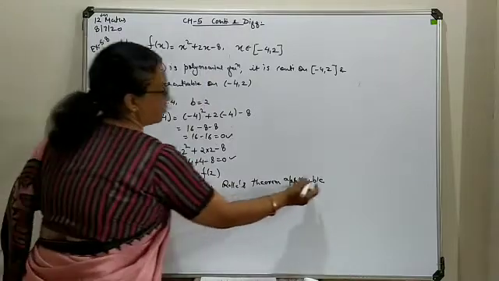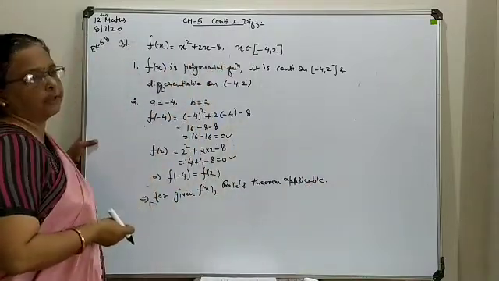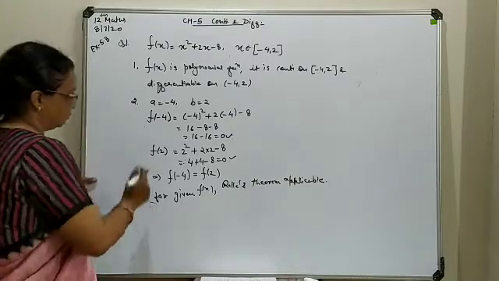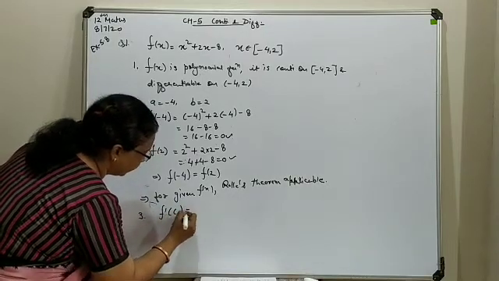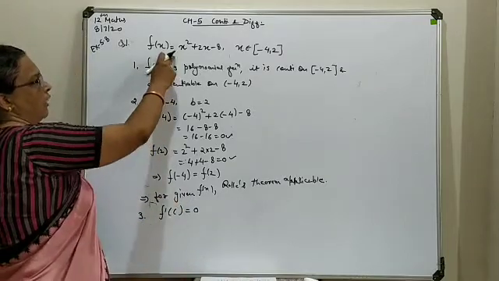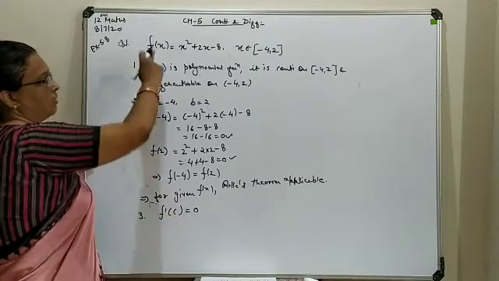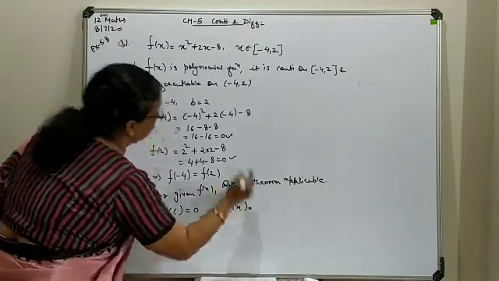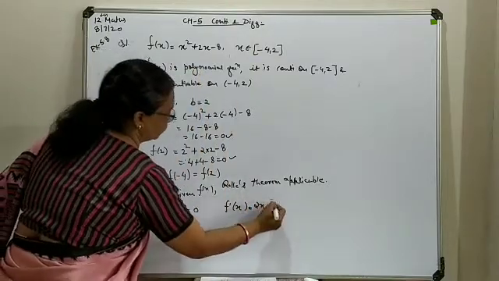Now our next step is to find the point C, which lies in the open interval (-4, 2). So move towards the third point, in which we have to find f'(c) and then set it equal to 0. So f'(c) means f'(x) written in terms of c. What is f'(x) here? That is 2x plus 2.